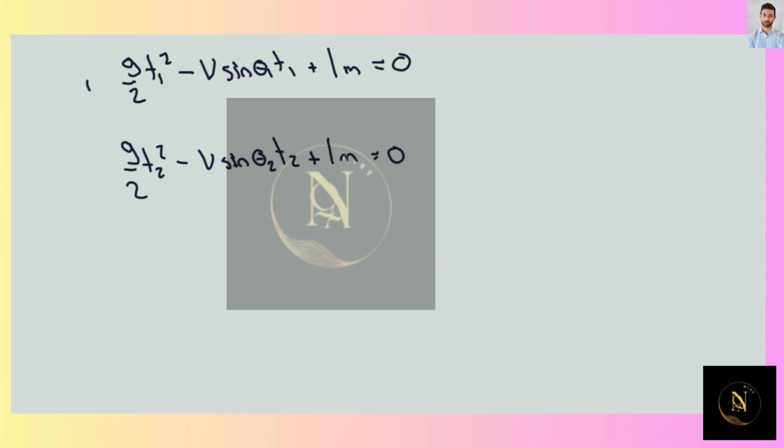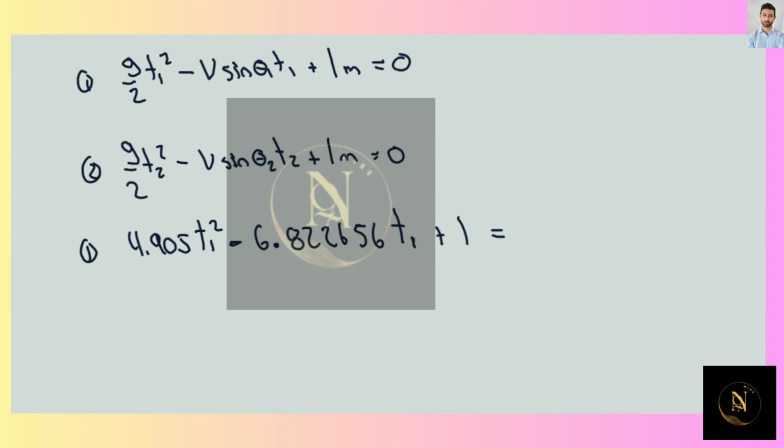So the first equation is going to become 4.905 t1 squared minus initial velocity times the sine of the first angle, which is 6.822656, times t1. Here I'm taking a lot of significant digits in order to get a very accurate result.